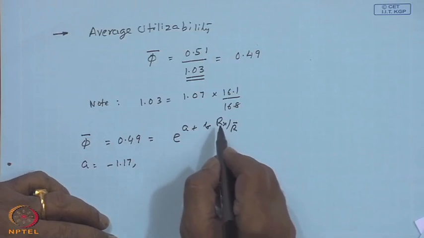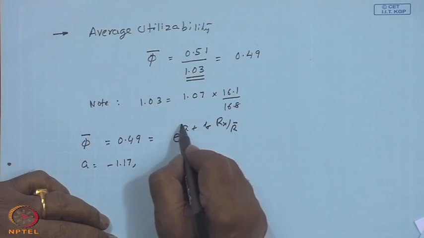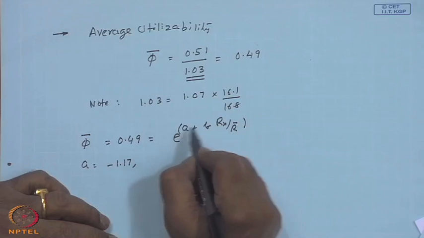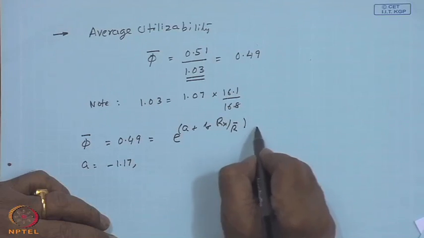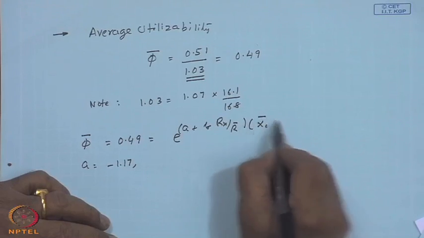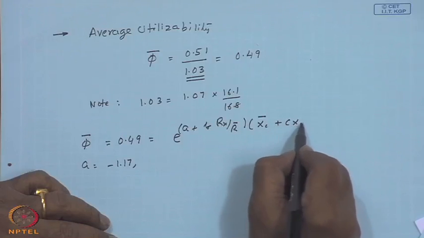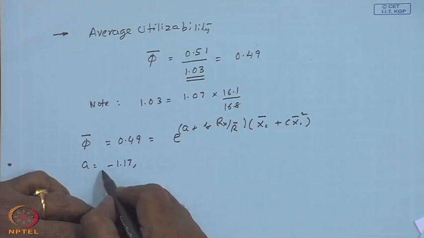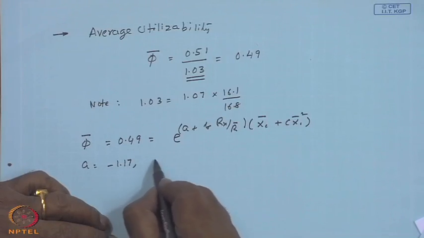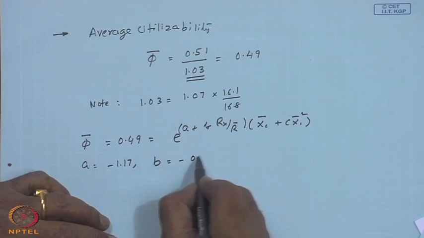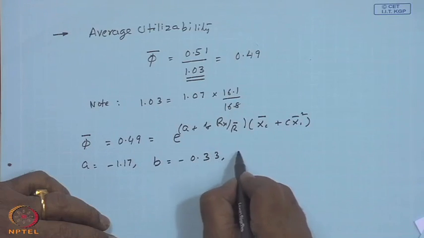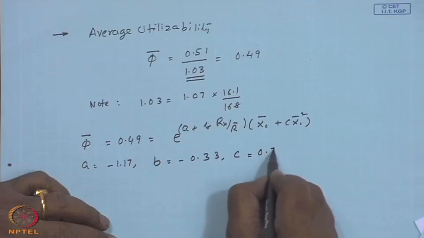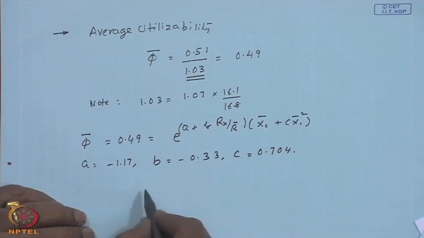I do not know why in the textbooks, and I picked up the same habit, but the relation is in terms of r n by r bar, x c bar plus C x c bar square, where A is minus 1.17 and B is minus 0.33 and C is 0.704.